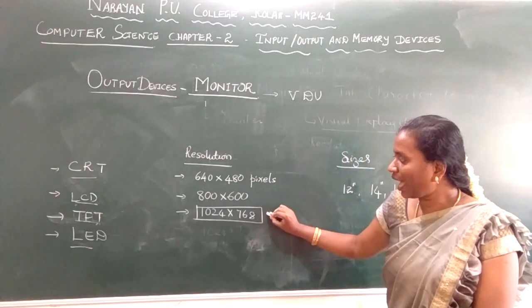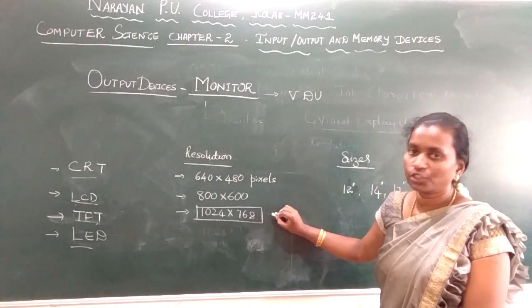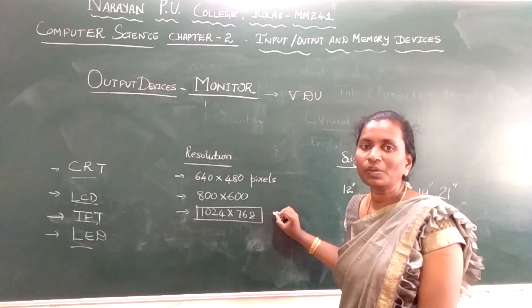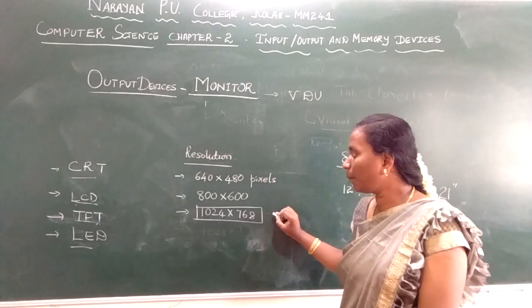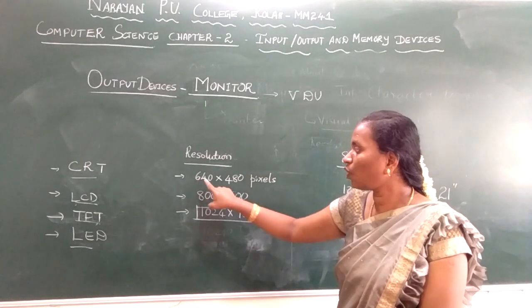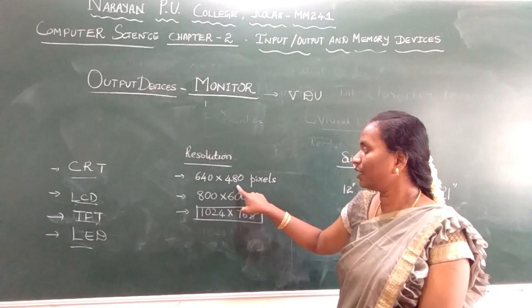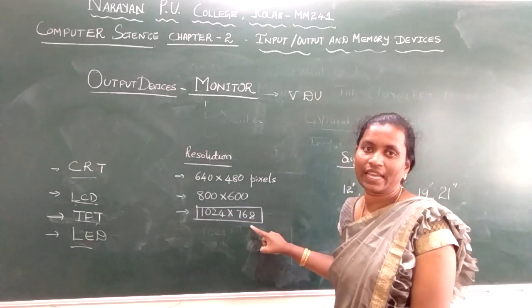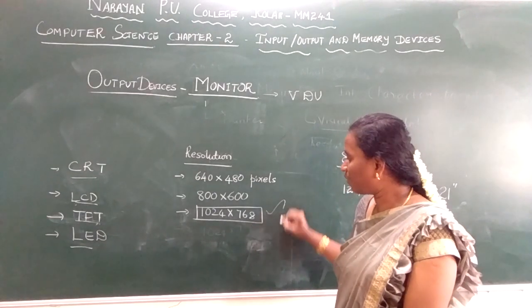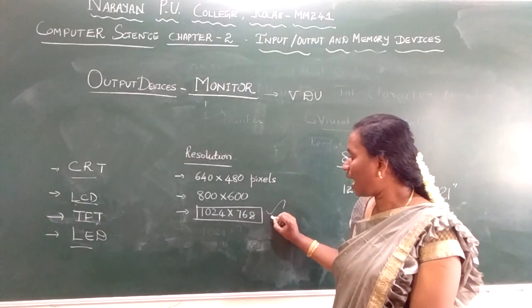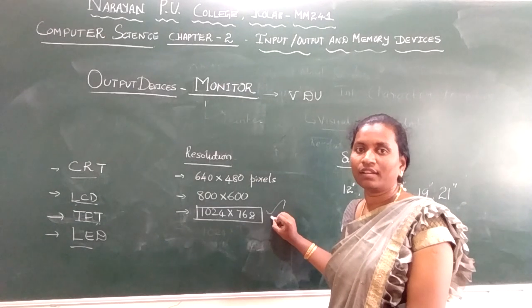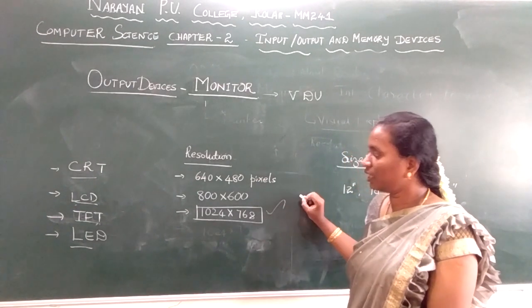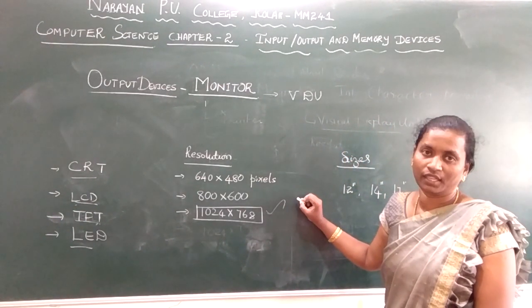Do you have any guesses? Which resolution will have a clearer picture? The 640 into 480 resolution or the 1024 into 768 resolution? The 1024 into 768 will have better clarity, better picture clearance compared with 640 into 480. Why?